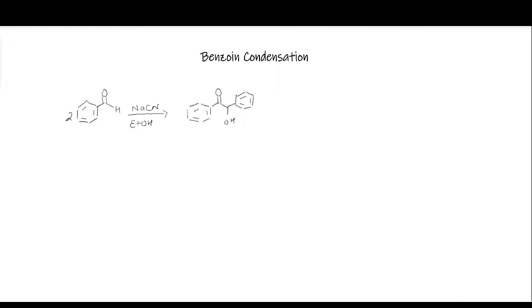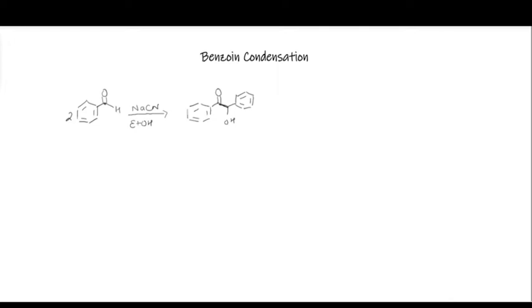We have only two molecules of benzaldehyde condensing together, and it somehow defies the concept of a nucleophile reacting with an electrophile, because you can see that we have the formation of this bond between two carbons which were initially the carbonyl carbon of both the benzaldehyde molecules.